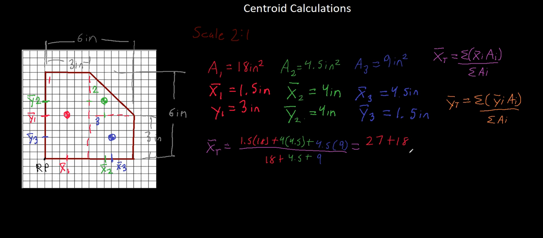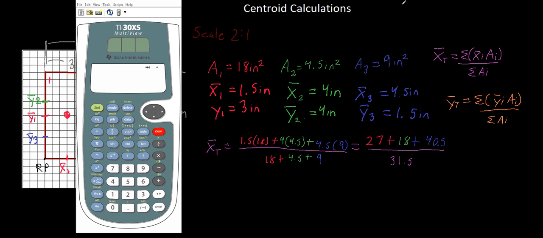Let's actually color code this, so this should be 18 in green. And then 4.5 times 9, what is that? Well, 9 times 4 is 36, times a half is 4.5, so it would be 40.5 on top. And then on bottom, what will we put? 18 plus 9 is 27, plus 4.5 would be 31.5, if I'm not mistaken.